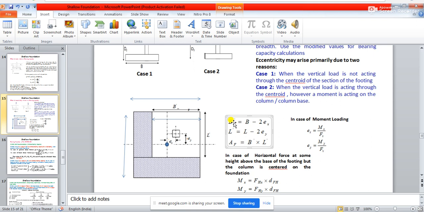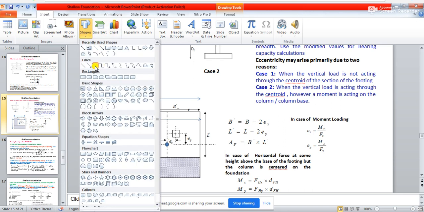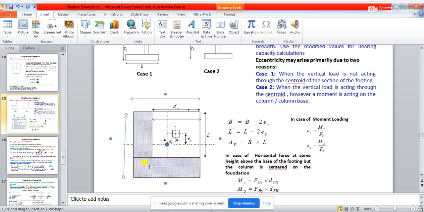Exactly in a similar way, the effective length of the footing will also be reduced. The length was this one, now the effective length will be reduced to this one. So, this shaded portion of the footing ideally will not participate in the bearing capacity in any way.